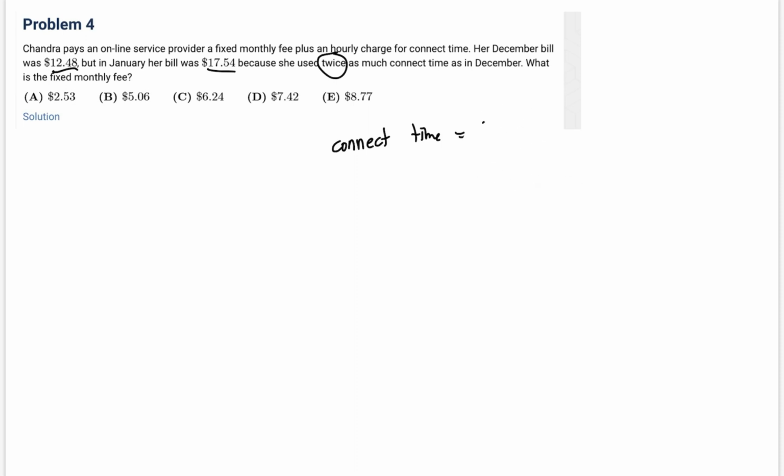Her connect time bill was $5.06, and so the fixed monthly fee would be 1248 minus 506, which is 742. So it's 742. It's D.